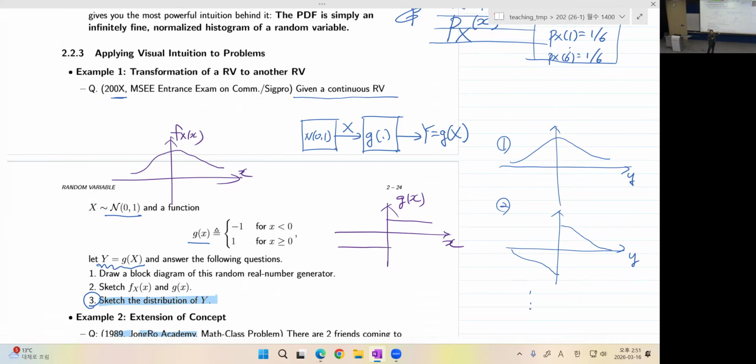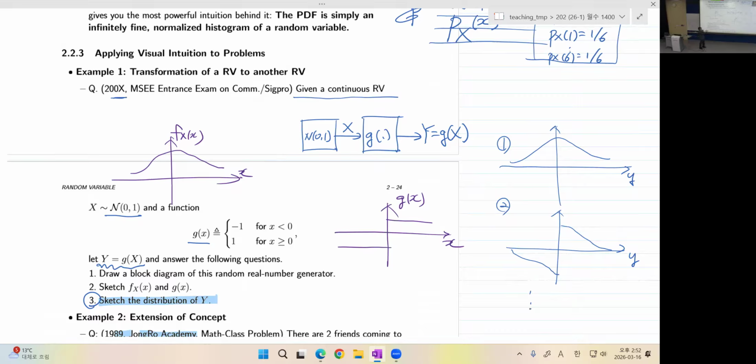So, how can you solve this problem without having any knowledge about this course, but have the intuition? Histogram. Okay? So let's start from here.